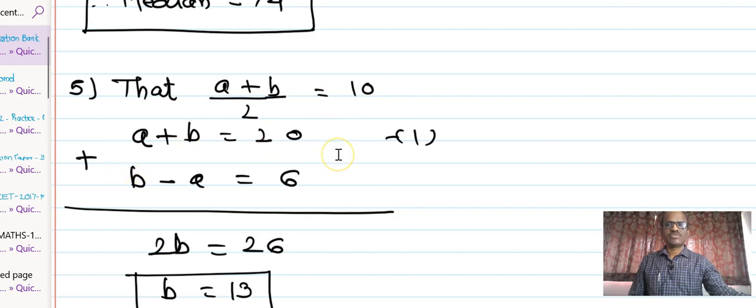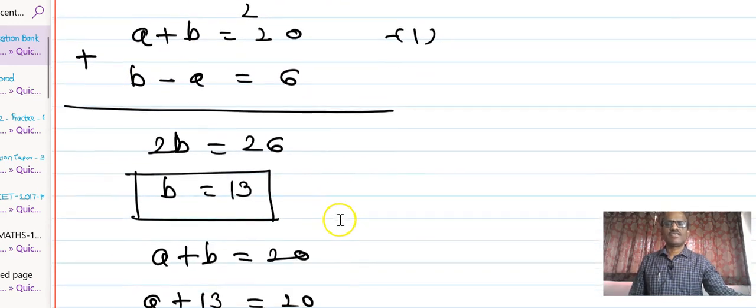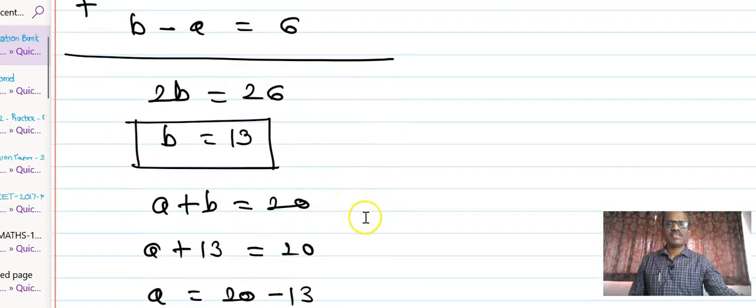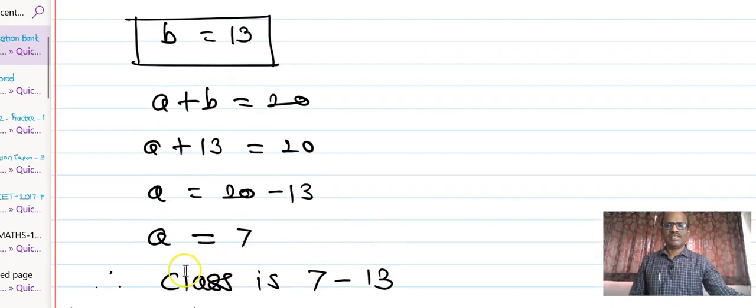So A plus B is equal to 20. The length of the class interval, that is upper limit B minus lower limit A, equals 6. If you solve this, then you will get B equal to 13. But A plus B is equal to 20. Therefore, A plus 13 is equal to 20 and therefore A is equal to 7. Therefore, the class is 7-13.